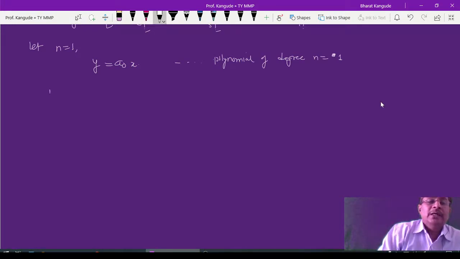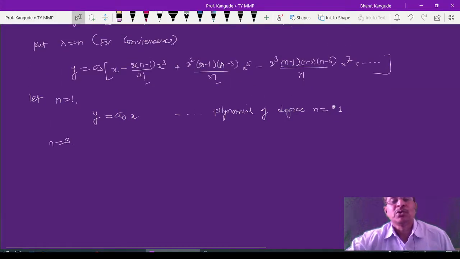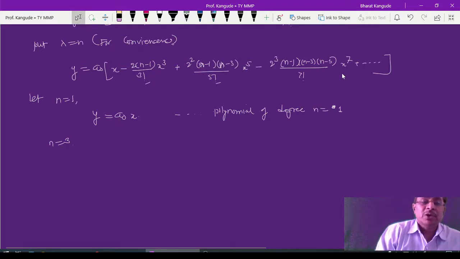Put n is equal to 3. Now you'll find that when I put n is equal to 3, first and second term will appear there only, and from this term onwards everything will be 0. So this will give me y is equal to a0 times the bracket x minus 2 into 3 minus 1 upon 3 factorial multiplied by x cube.